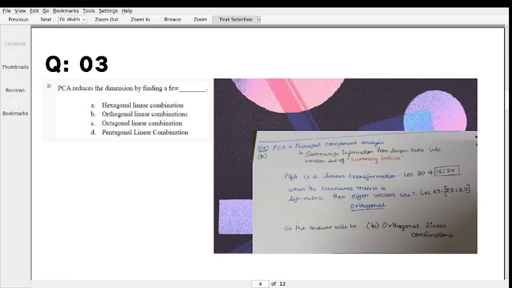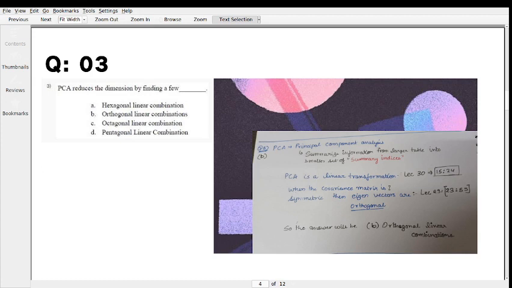So what is PCA? PCA is principal component analysis. It is used to shrink the matrices of data that we already have. It is given in video lecture 30 that PCA is a linear transformation.